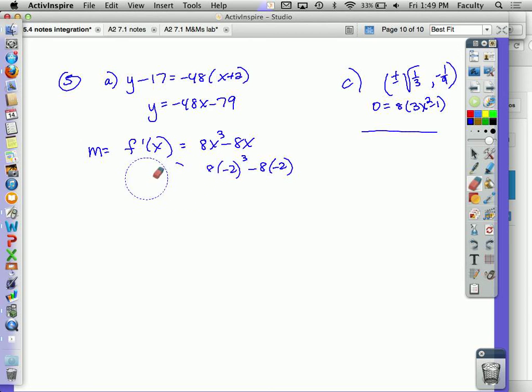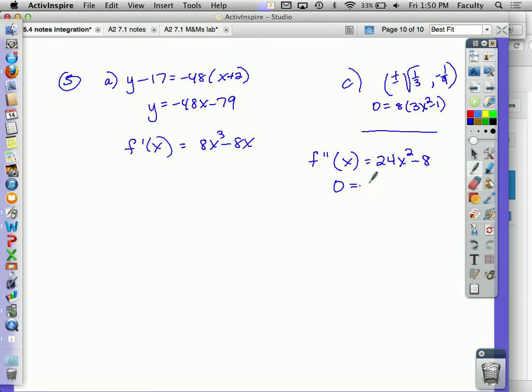Okay, so what I needed was the second derivative. So here's the first derivative. Now I'm going to do the second derivative, which is 24x squared minus 8. I'll set it equal to 0 and factor it completely.